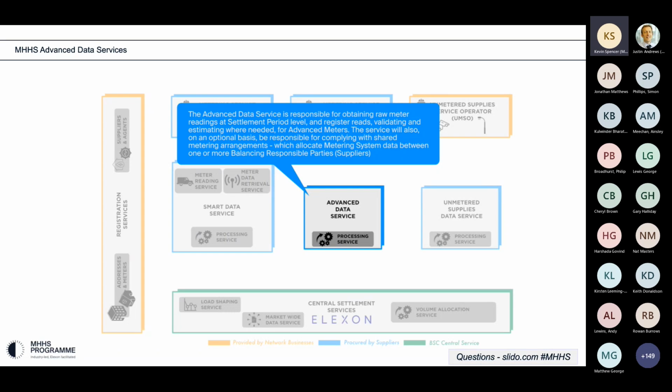That method statement, similar to the Smart Data Service, sets out the rules for validating the data that they are collecting directly from the meter themselves.